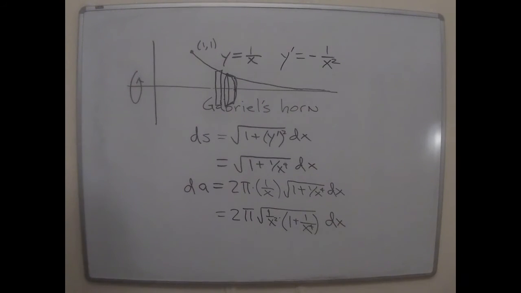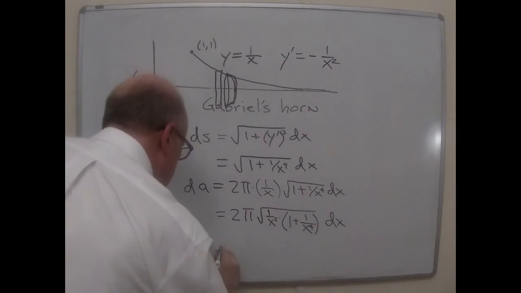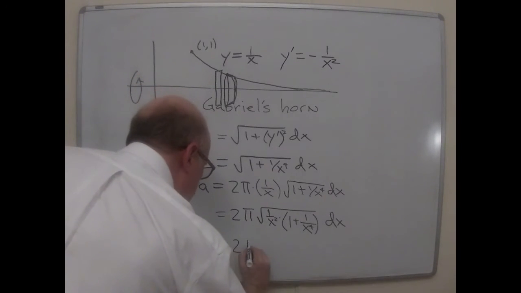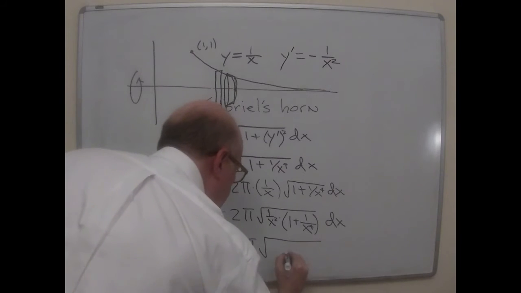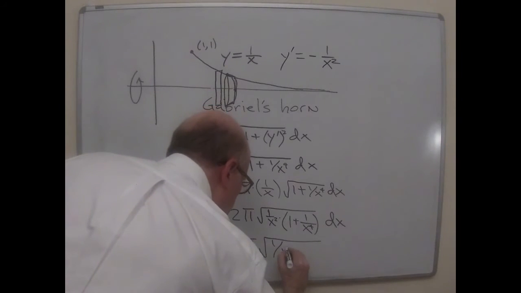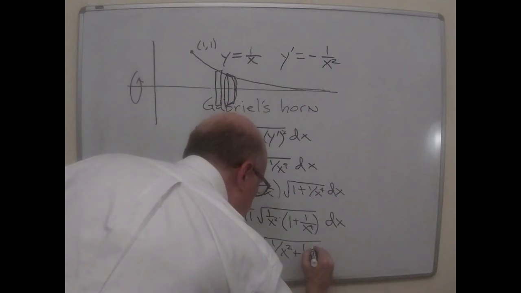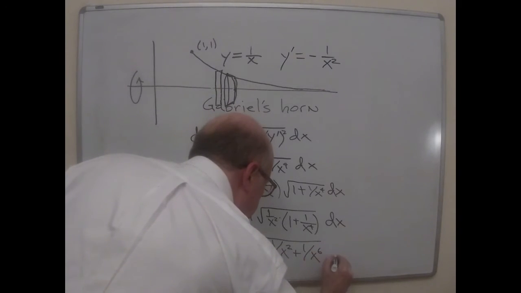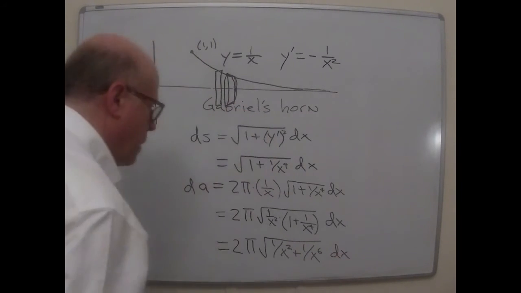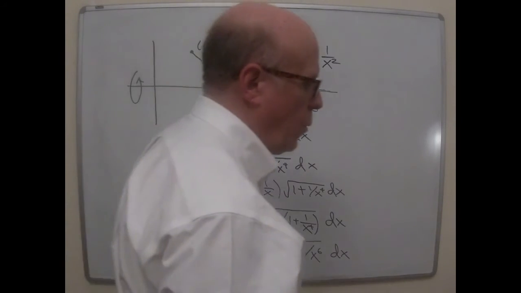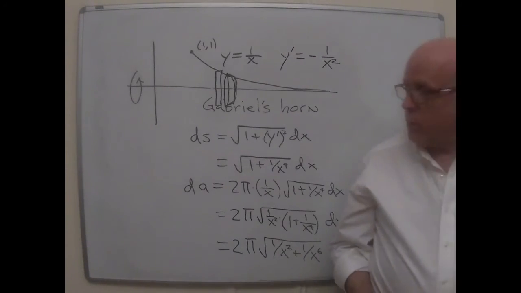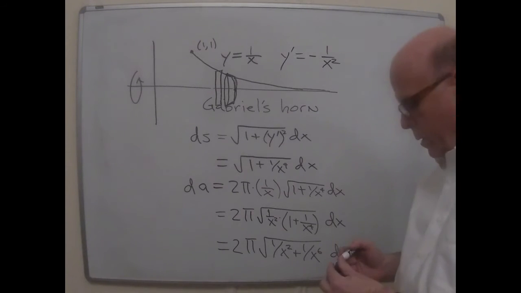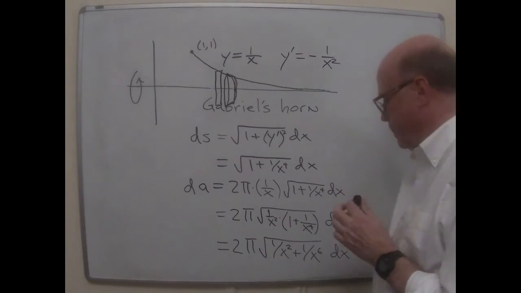And finally, just multiplying it in, this is 2 pi square root of 1 over x squared plus 1 over x to the 6th dx. So we would integrate that with the limits 1 to infinity in order to figure out the surface area of Gabriel's horn.